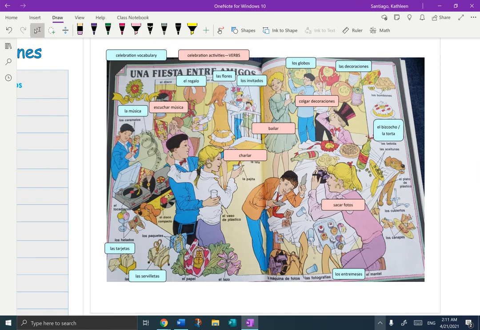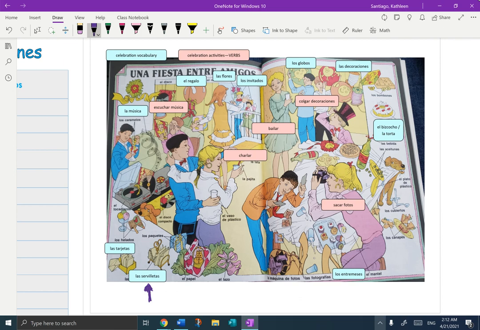The aqua are things. So I'm starting down here in the corner right here at my arrow. Okay, las servilletas, las tarjetas right here. We've got la música, the swirl coming out. What are they doing? They are escuchar música. That's going to be a verb. We're going to get to those in a second. Let's keep going with the aqua. Then we've got el regalo. There are dos regalos here.